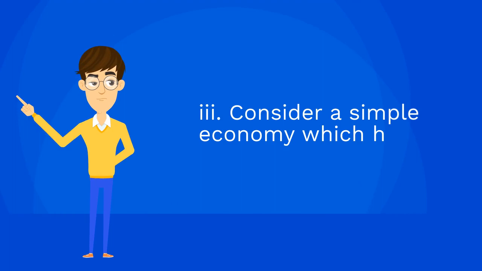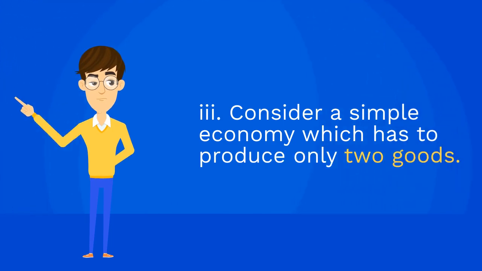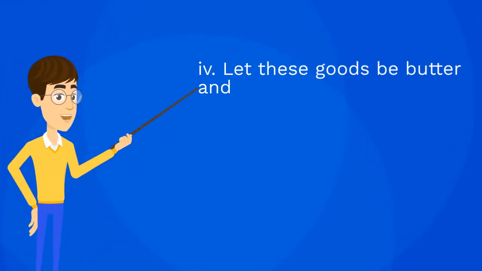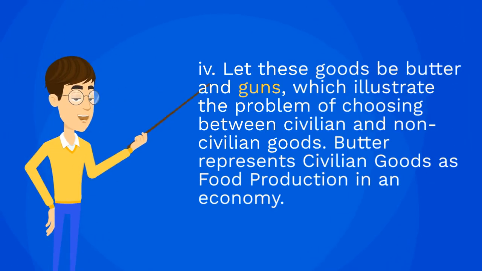3. Consider a simple economy which has to produce only two goods. 4. Let these goods be butter and guns, which illustrate the problem of choosing between civilian and non-civilian goods. Butter represents civilian goods as food production in an economy.